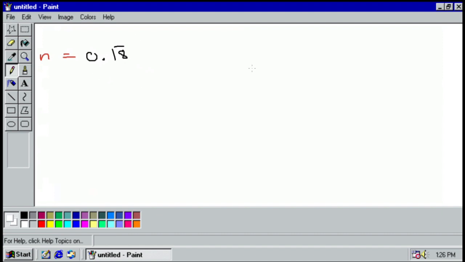Since this is repeating, we can write 18, 18, 18, 18, 18 there. We need 100 n's to make it. Since we have 2 digits in the block, we need 2 zeros. That's the simplest way I can explain why.